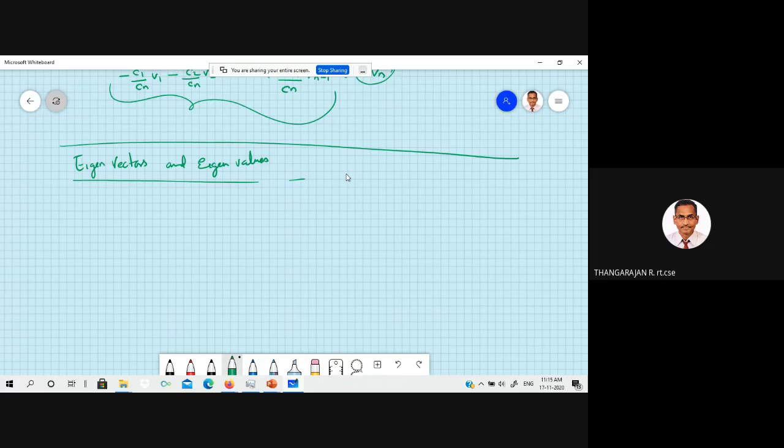Again I go back to the concept of vector space.